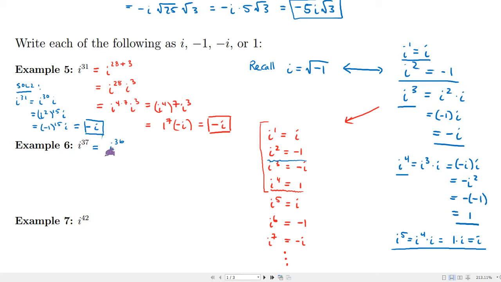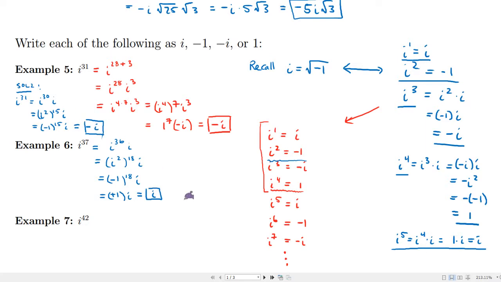The closest one that's less than it is 36, just one less than it, and then times I. And then I to the 36 is I squared to what power? 36 divided by 2 is 18, and then I squared is negative 1. And negative 1 to an even is going to be plus 1. So this will just be plus I.